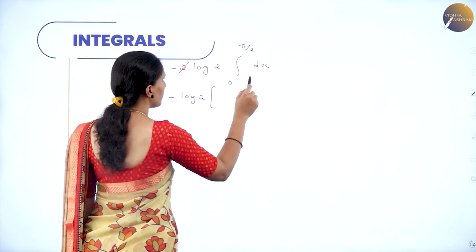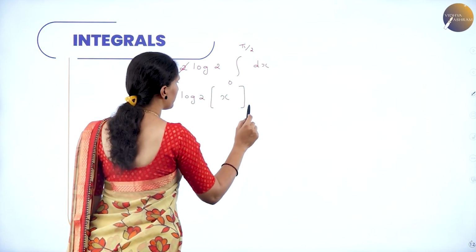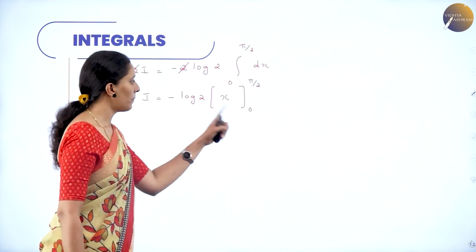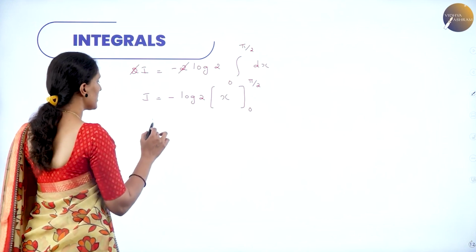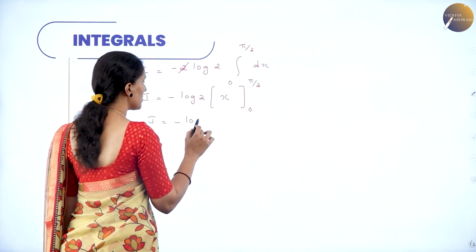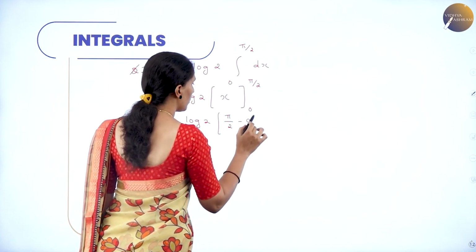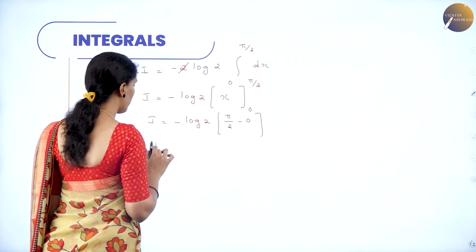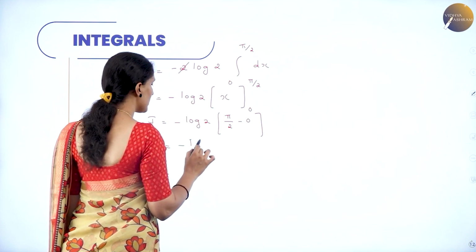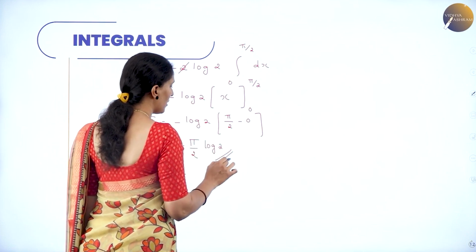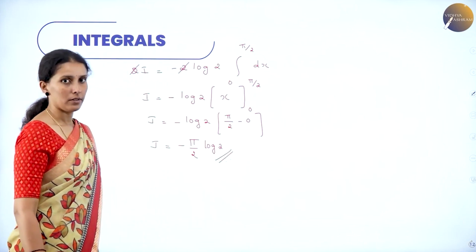What is the evaluation of this integral? x from 0 to pi by 2. Next, apply the limits. So this is I equals minus log 2, and this becomes pi by 2 minus 0 which is pi by 2. Therefore I equals minus pi by 2 log 2. So this is the value of the given integral.